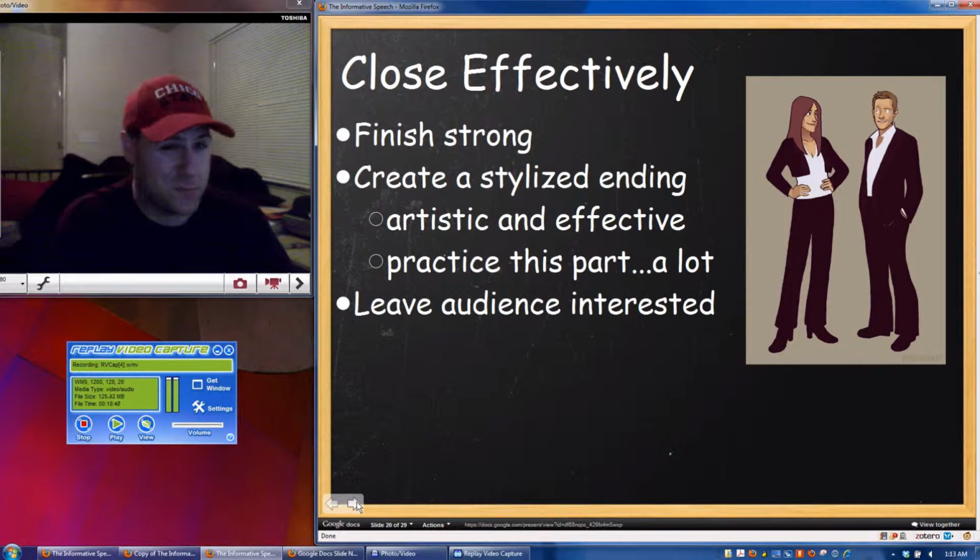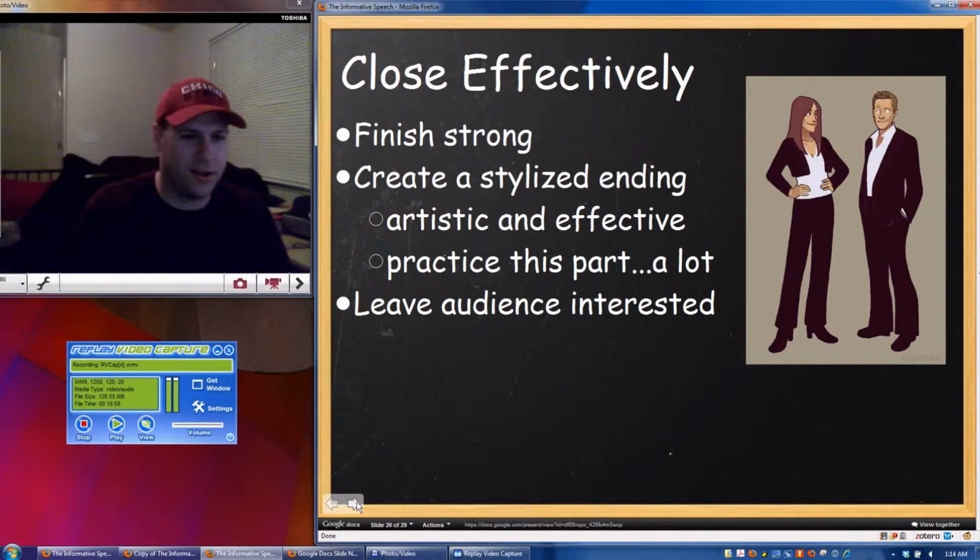However, if you really, really want to give a good ending, you should try to find a creative and stylized ending. This is in structure very similar to what you did at the beginning with the attention getter, except it happens at the end. So try to find something that is artistic and effective. You may even want to tie back to the attention getter. So if you gave a quotation, maybe hint back at that again and do the little sandwich with the attention getter and the finalizer.